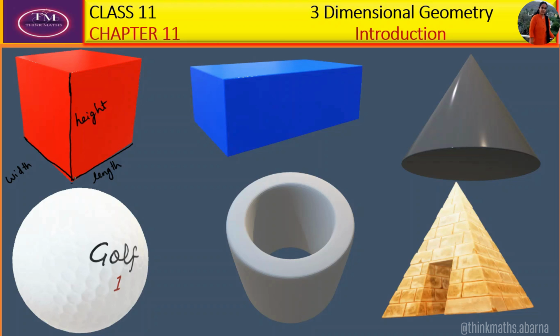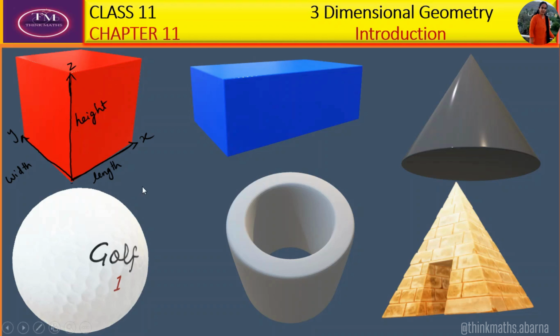In two-dimensional, we have learnt length and width, x-axis and y-axis. In three-dimensional, we will be having the height. So x, y and z are the three coordinates in three-dimensional geometry.